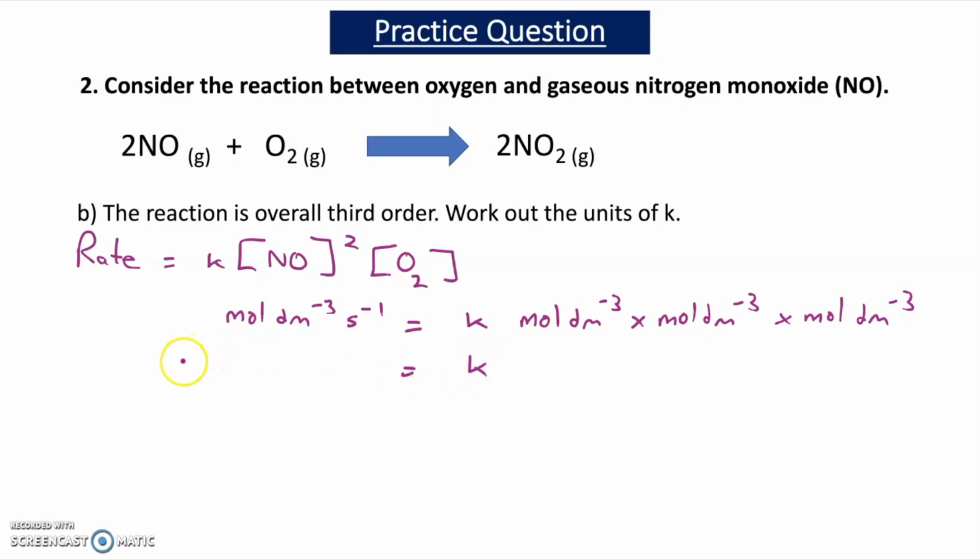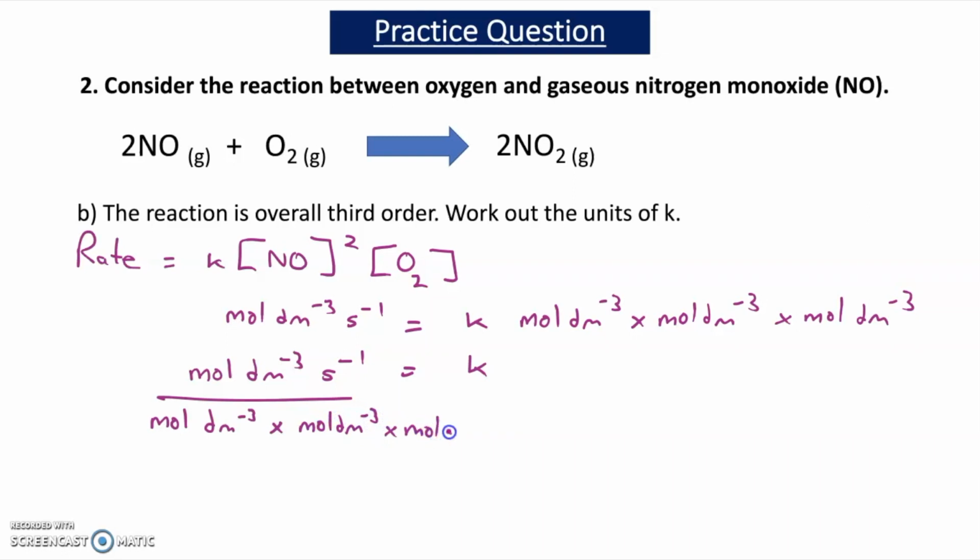So if we rearrange this, K is equal to moles per decimeter cubed, seconds to the minus 1, over moles per decimeter cubed times moles per decimeter cubed times moles per decimeter cubed. Now once again we look here to see if we can cancel out any of the concentration terms.